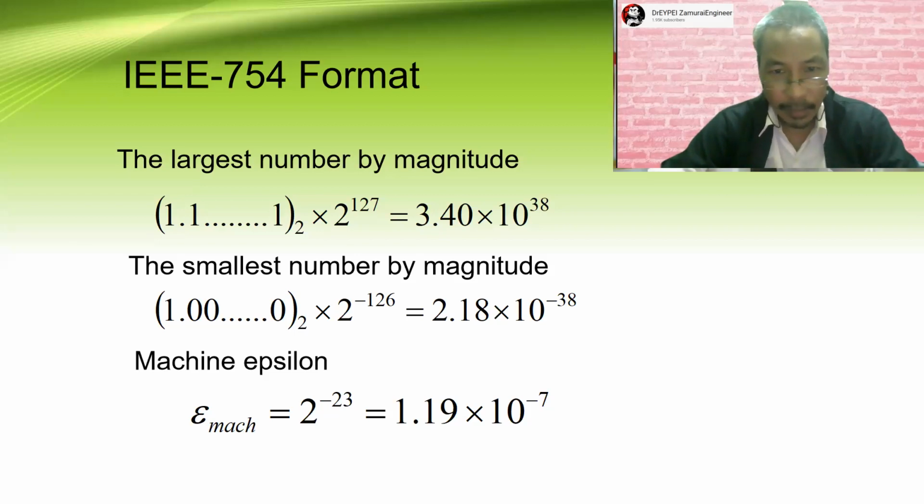The smallest number by magnitude. What is the smallest? The exponent is negative 126, which is 254 divided by 2, minus 1. That is negative 126. Okay?